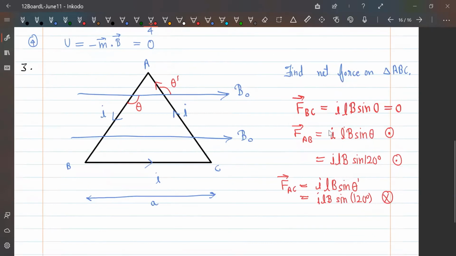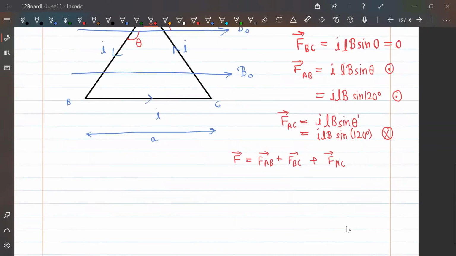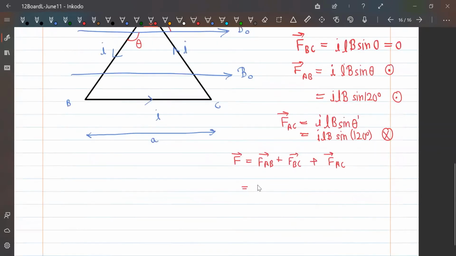So net force, we can see. Net force is the vector sum of all the forces. That will be F of AB plus F of BC plus F of AC. So F of AB is ILB sine 120. Sine 120 is minus half.